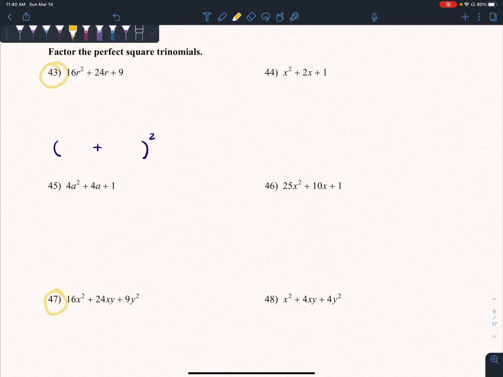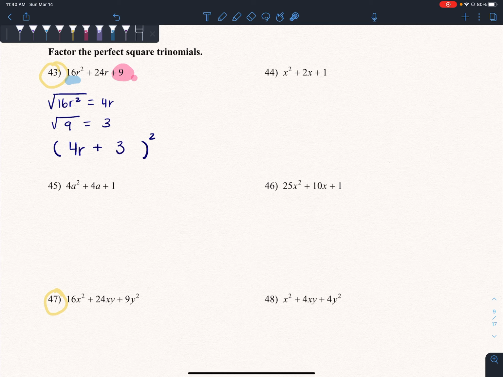So you only need to look for that first term and take its square root. So here you're doing the square root of 16r squared. You get 4r. So that 4r is going to go in the first spot. And then you're going to take the square root of the last term. So the square root of 9, we get 3, and that 3 goes into the last term in the brackets.